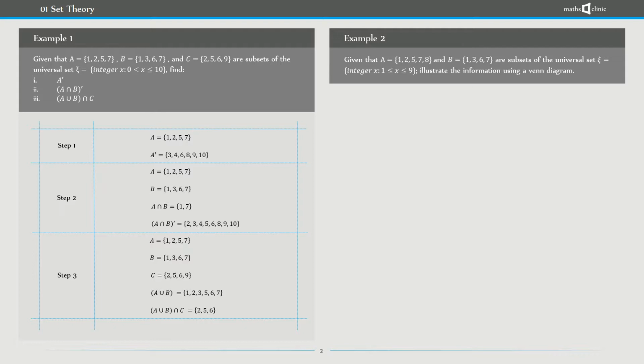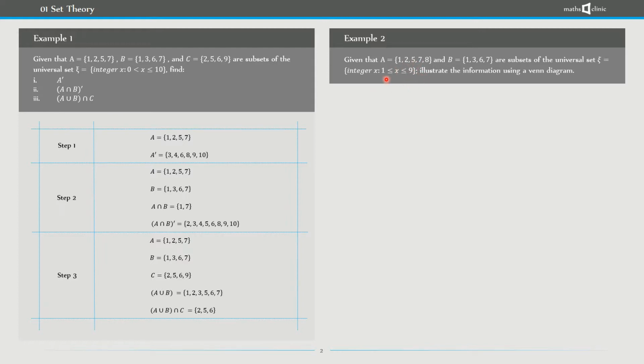Let's get our pointer out. So this is A, this is B, and these are subsets of the universal set. x is an integer in the range between 1 and 9. x is greater than or equal to 1, which means our range would include 1, and x is less than or equal to 9, which means our range would include 9.